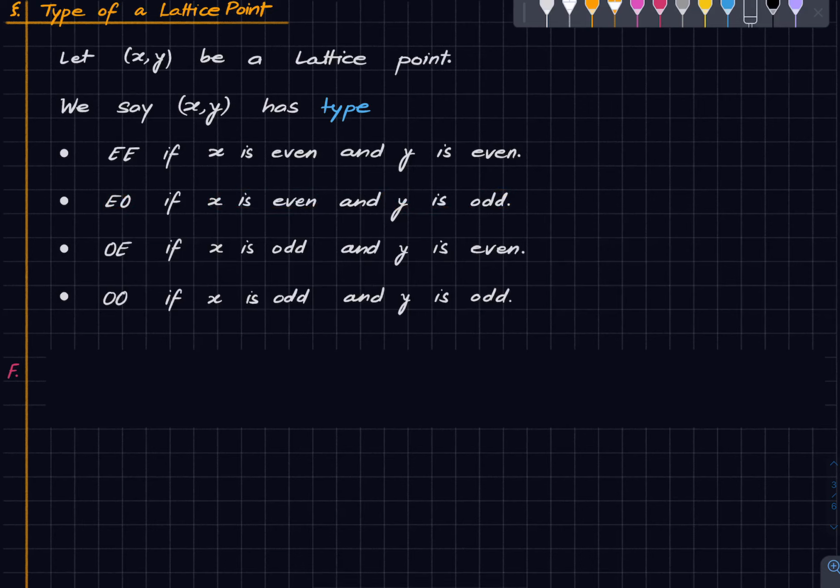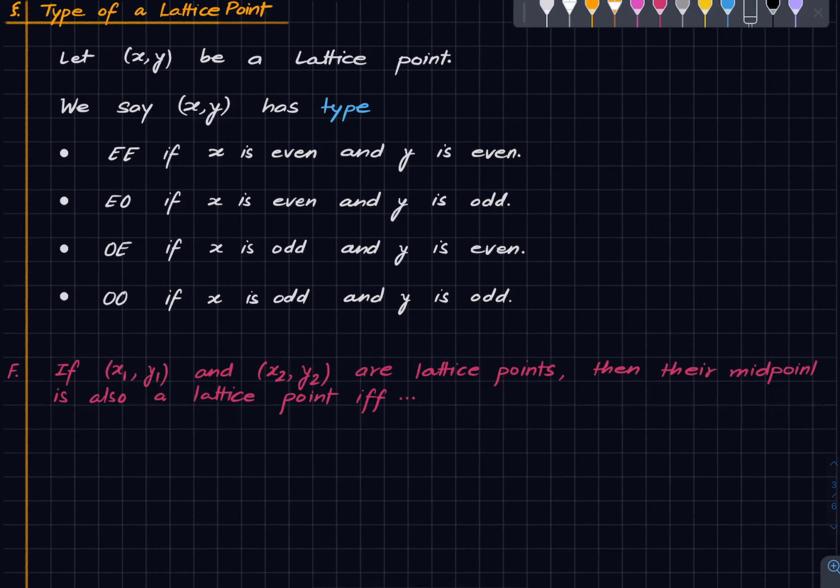It has type OE if x is odd and y is even, and OO if x is odd, y is odd. So there are only 4 types. Every lattice point has one of these 4 types. And now, just reformulating what we have discussed, we have 2 lattice points, x1, y1 and x2, y2. Then their midpoint is also a lattice point if and only if they have the same type.